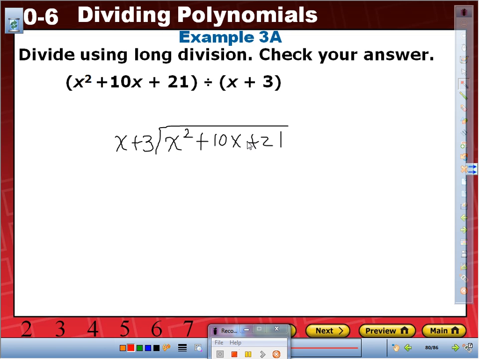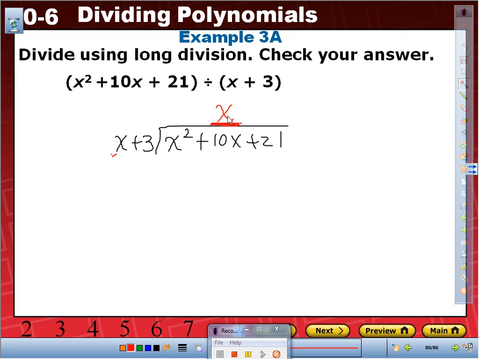That means I need to start on my second term here, so my first number needs to go above the second term. How do we find that one? Everybody look up, please. I look at my first term and my first term. What is x squared divided by x? X squared divided by x is x.